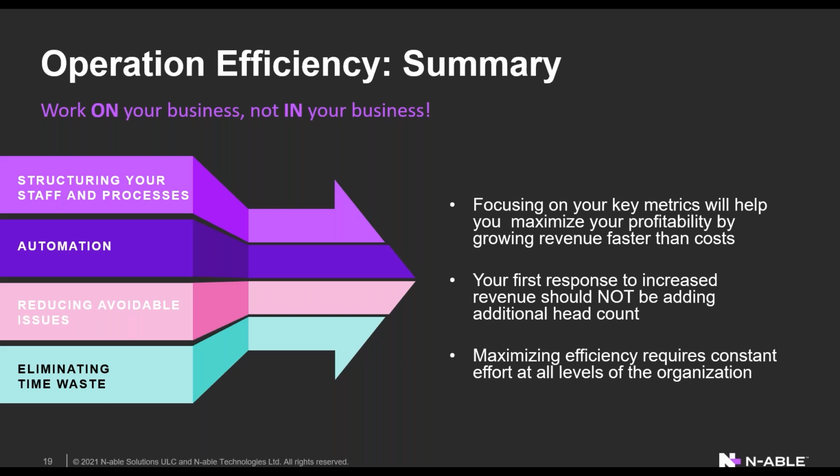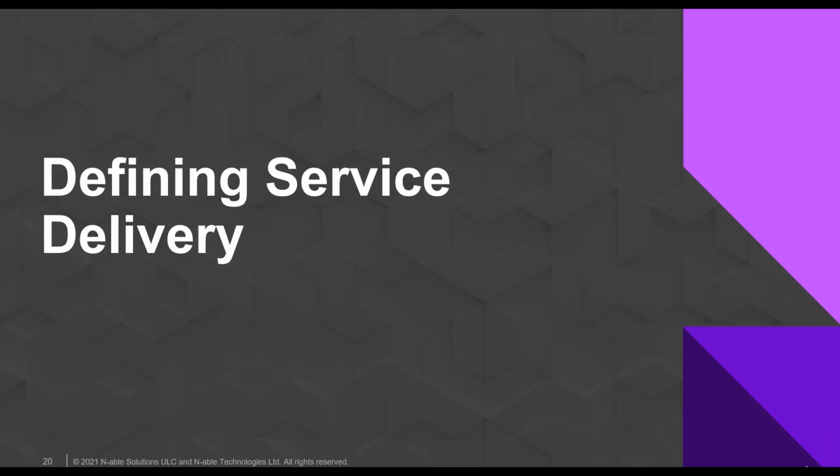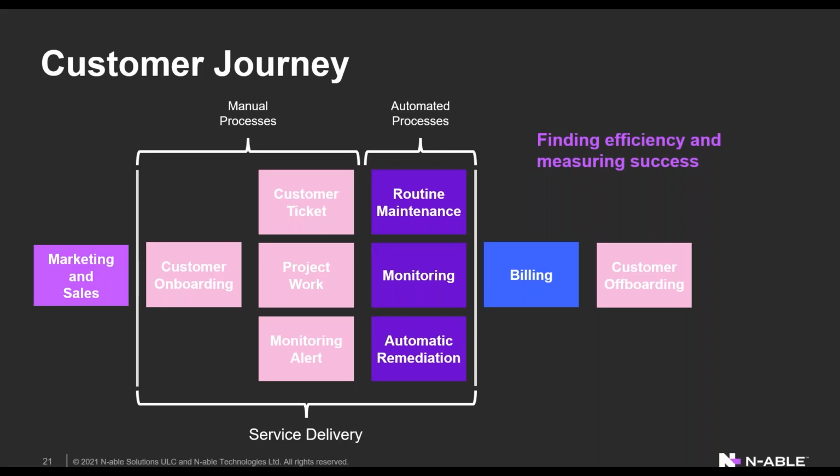So, what is operational efficiency? Why is it important to us? And we talked a lot about optimizing our service delivery. So, what is service delivery? Service delivery is going to be when we're putting proof to the pudding inside our customer journey. Sales and marketing have sold the dream.